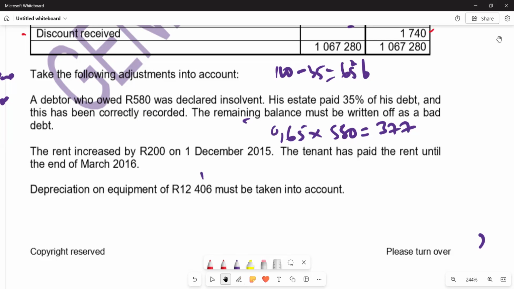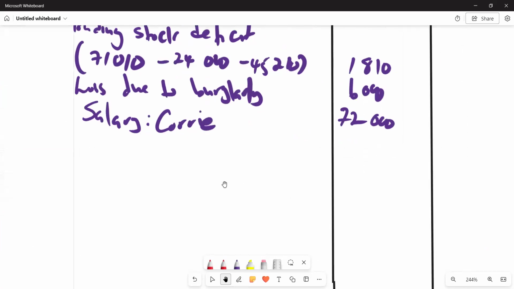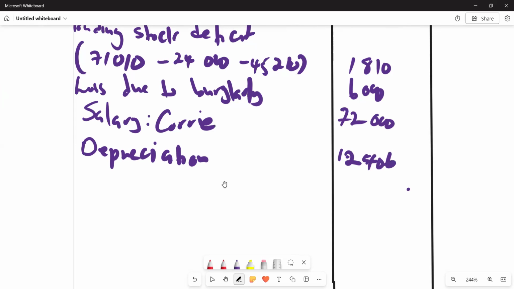So if you go there, you're saying depreciation, and we are saying 12,406, indicating your depreciation. So from there again, we check if you've got any other that is listed in the additional information that we can include as our expense.